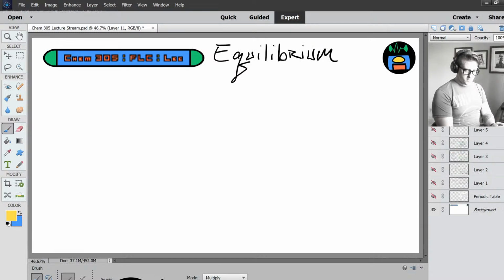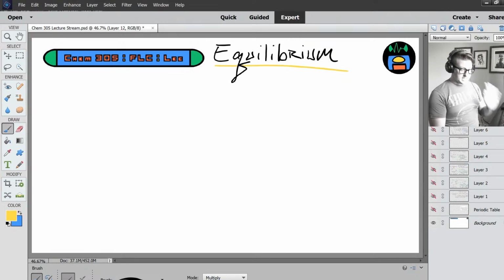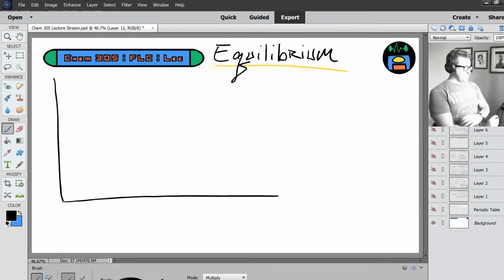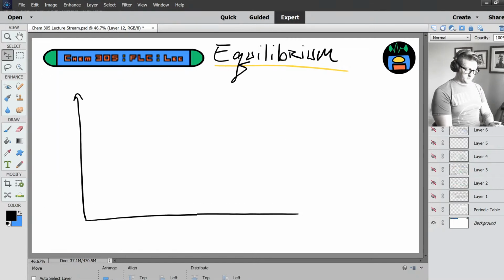Let's think about this a little more. I'm going to make a graph where I plot the reaction rates of each of the forward and reverse reactions.